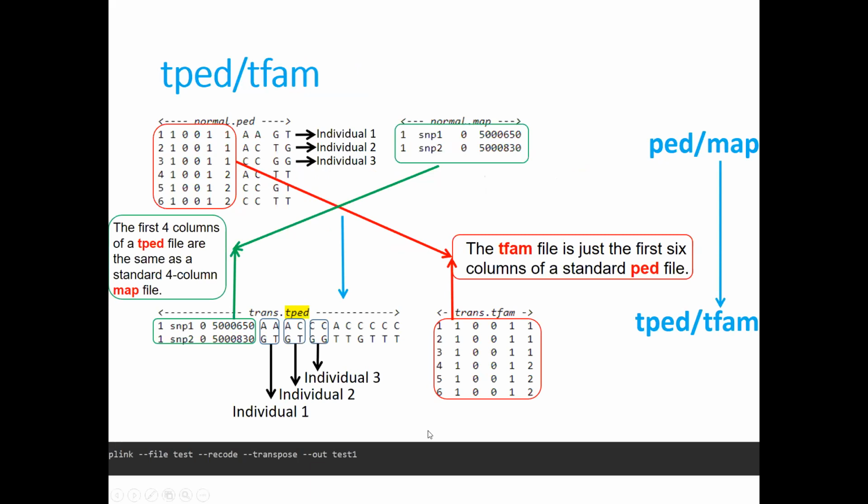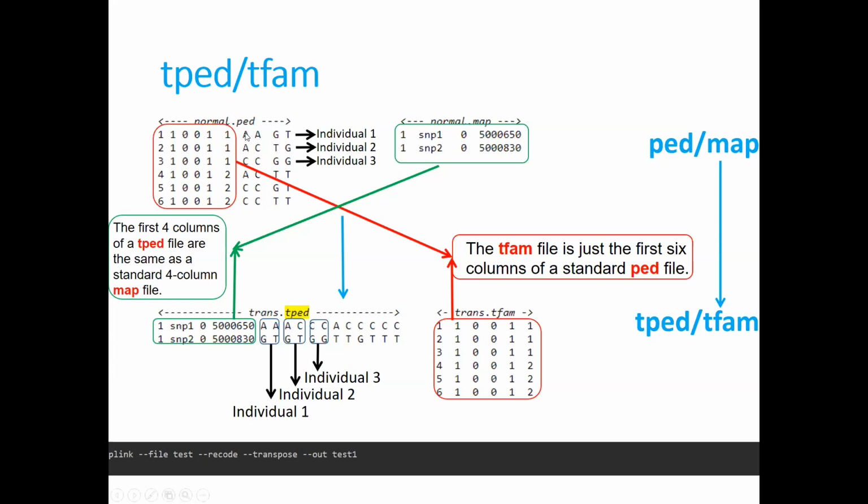The TPED and TFAM files can be converted from the PED and MAP files using the code below. Each row in the TFAM files represents one individual. The first 6 columns of the TFAM files and the PED files are the same.